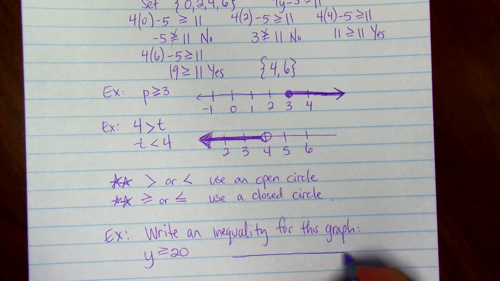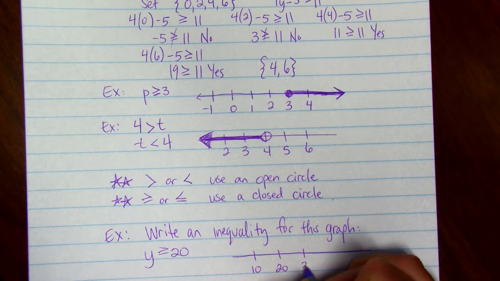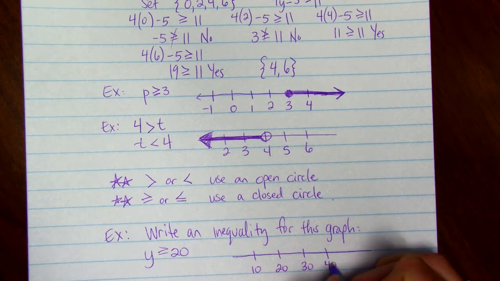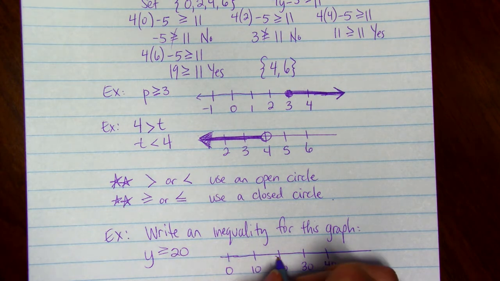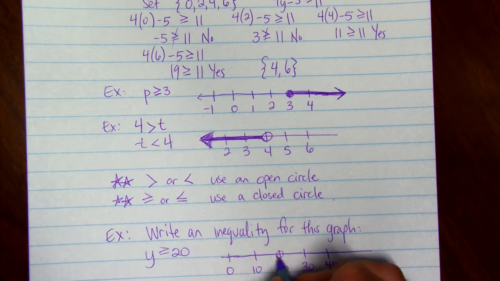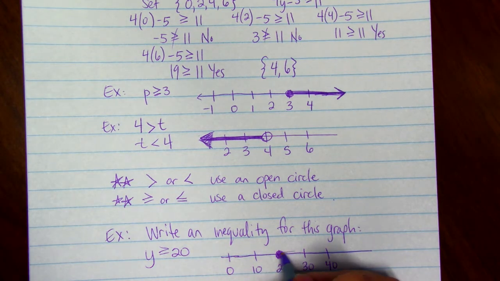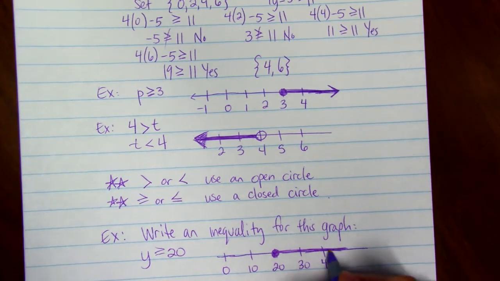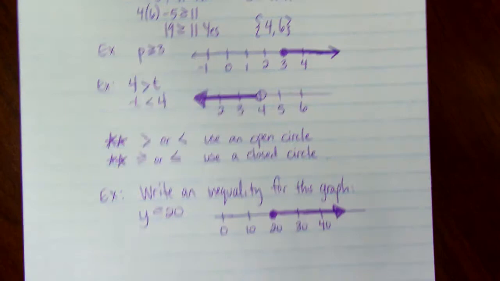So we can look at this. Now we're supposed to use integers. Well, I'm going to use integers counting by 20. So I'm going to use a closed circle. Oh, I forgot to, dang. I just graphed it instead of writing an inequality. All right, I'm going to have to do a different one. And we're going greater than or equal to. That's all right. I'm not going to redo the whole video for this.